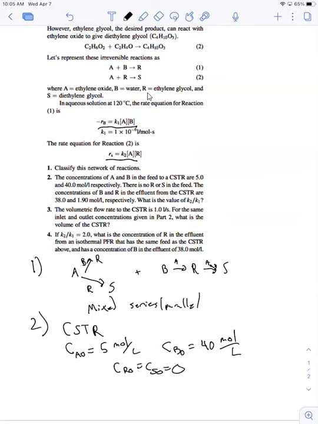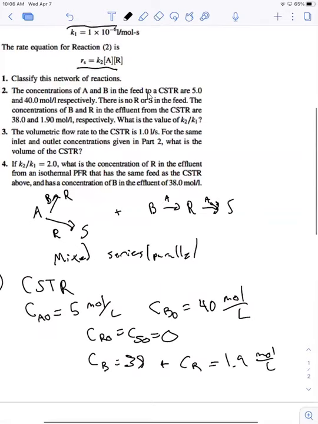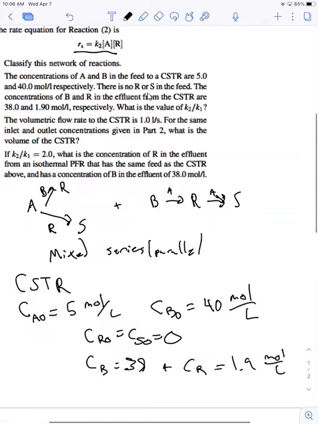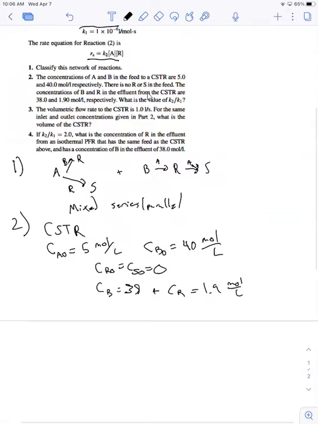And then the concentrations of B and R in the effluent stream of the CSTR are 38 and 1.9. So our CB equals 38, and CR equals 1.9. These are both moles per liter. And then it asks what the value of K2 divided by K1 is.